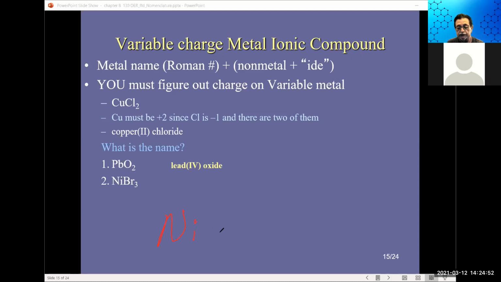We don't know what it is charge-wise, but we know the sum of the anion charges is -3. How do I know that? Because each bromide is a -1, okay? And we've got 3 of them. That infers that nickel must be equal to a +3 oxidation state, which means we're using Roman numeral 3.